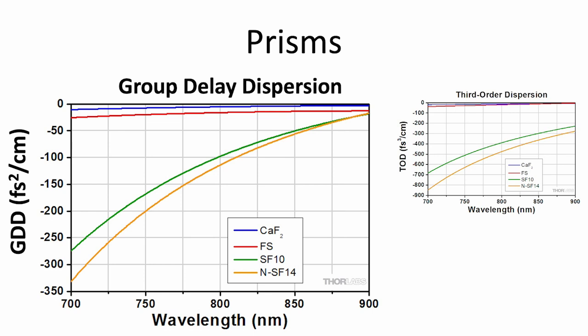So if you place them 1 meter away, or let's say half a meter, and you double pass the system because you want to compensate for lateral walk-off, you get 10 to the 4. 10 to the 4 femtosecond square is more than enough to compensate for a microscope objective with a lot of glass in it. So this might be a nice way to compensate for that type of experiments, but that's about the amounts you can get.